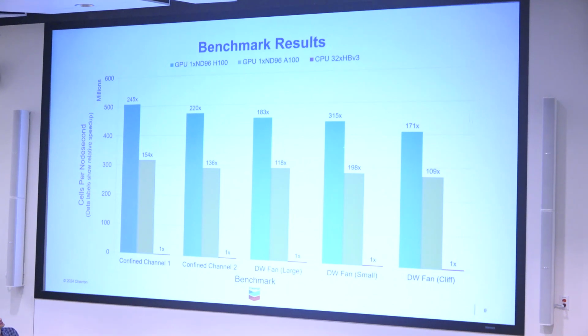You'll notice here we have a classic production run with 32 HBv3s, so that's 120 AMD cores each. We compare it to our most frequently used GPU node, which is an ND96 in Azure, which has 8 A100s.